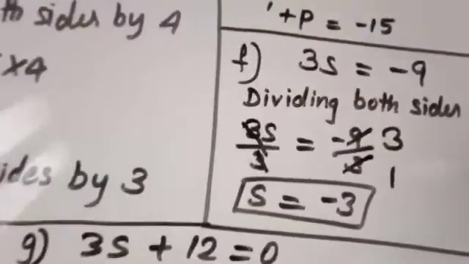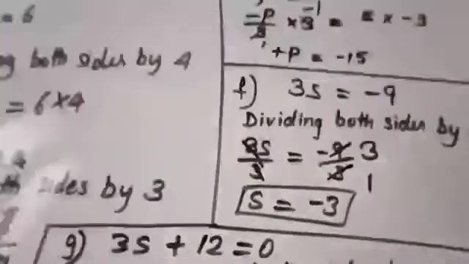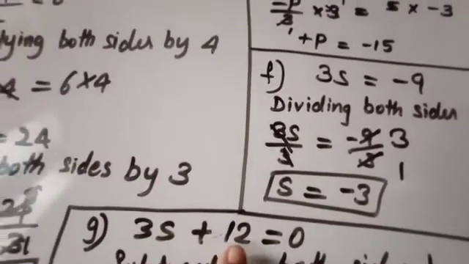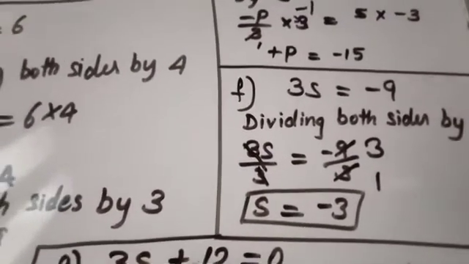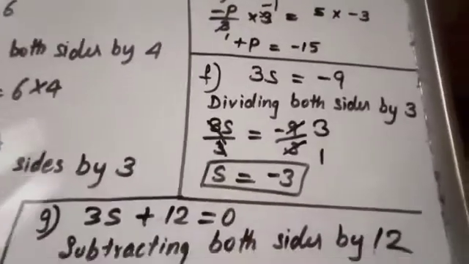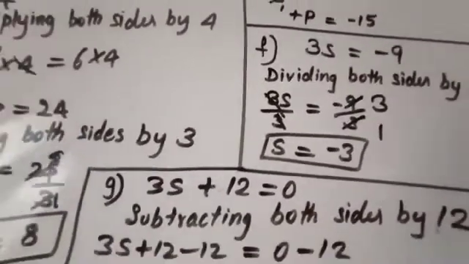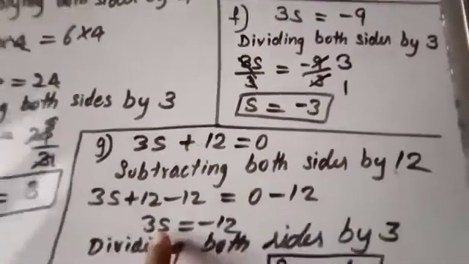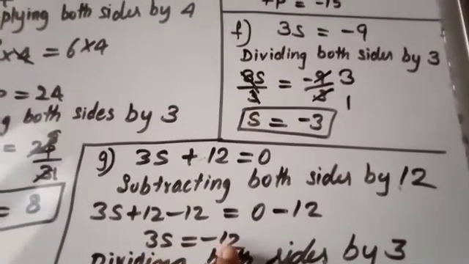Now G question. 3s plus 12 is equal to 0. Here two terms are there, 3s and 12. So let us remove 12 first, subtracting 12 from both sides. 3s plus 12 minus 12 is equal to 0 minus 12. 3s is equal to minus 12.